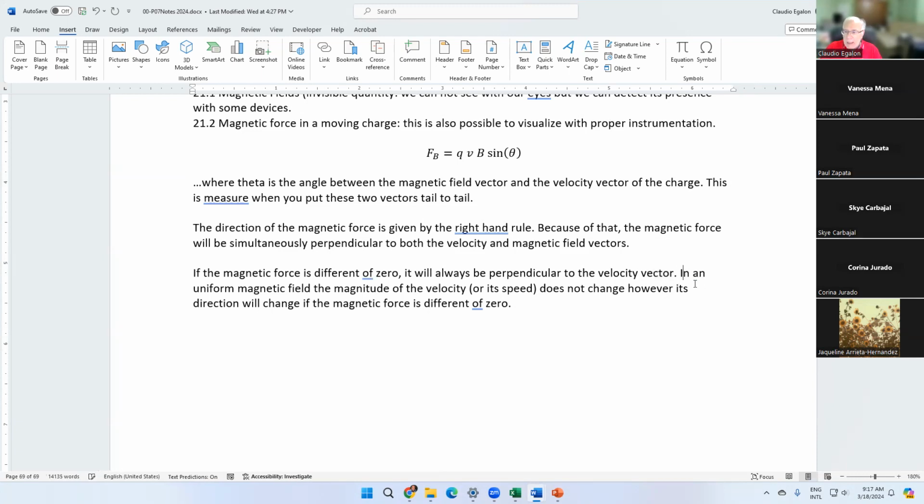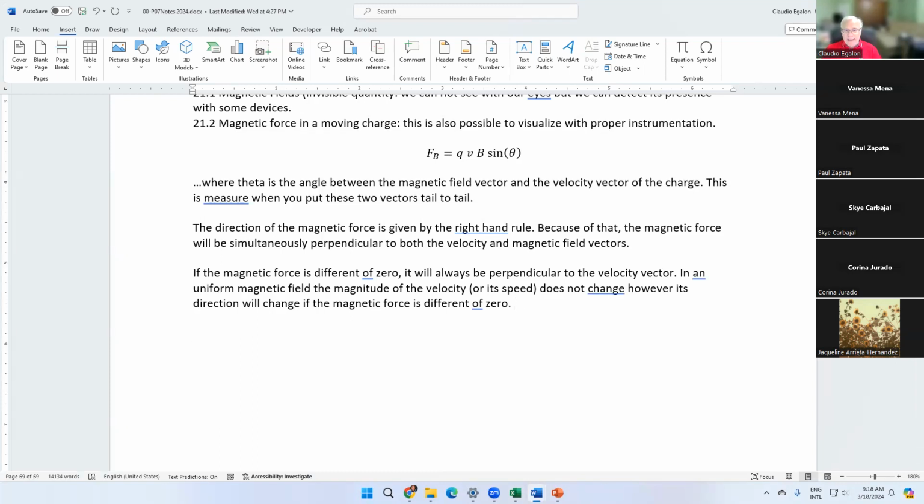In a uniform magnetic field, the magnitude of the velocity does not change. However, its direction will change if the magnetic force is different from zero.